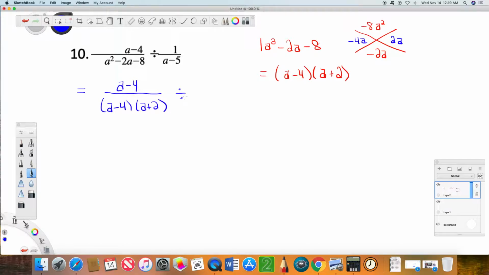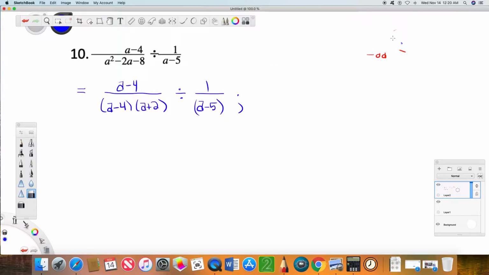And now in my second fraction, while I don't have anything to factor, I just have this a minus 5. So now, since both of my denominators are in factored form, it's easy for me to state my restrictions. That restriction being that I can't have either one of these denominators equal 0.